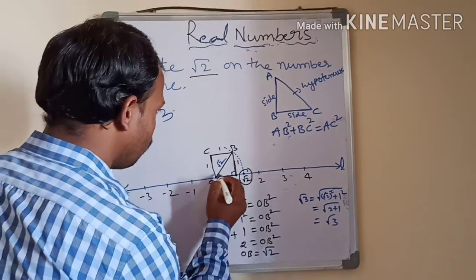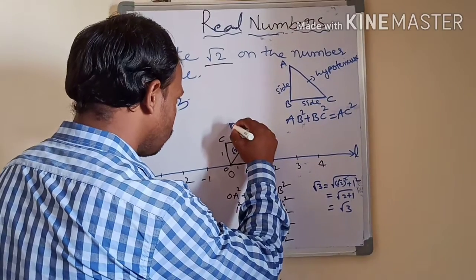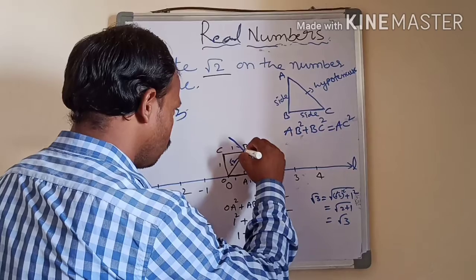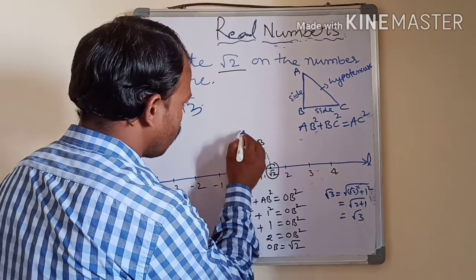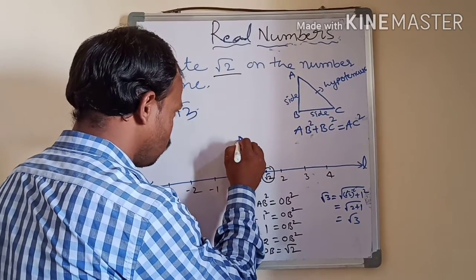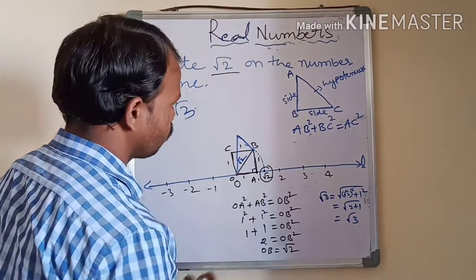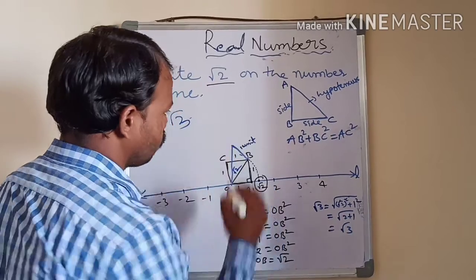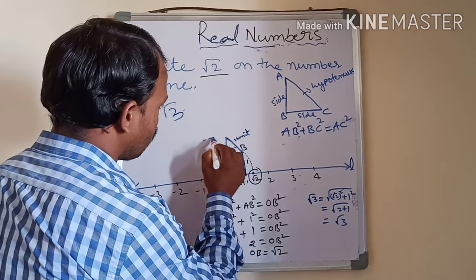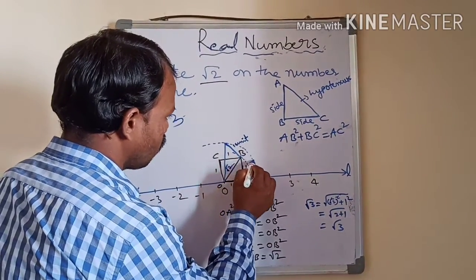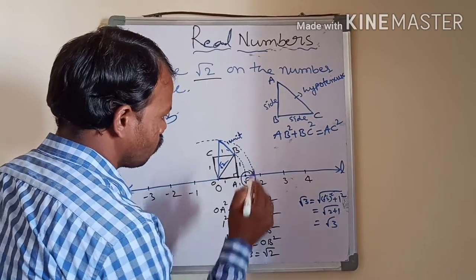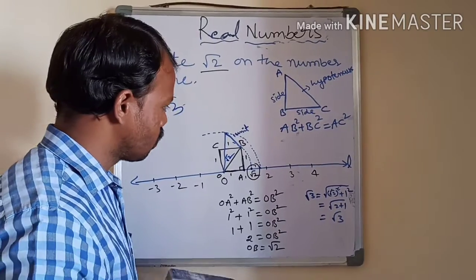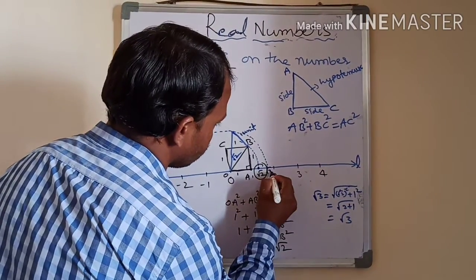Again we take 1 unit perpendicular to this one, exactly 1 unit, and join it. Draw the arc using the compass and you will get root 3. Here is root 3.